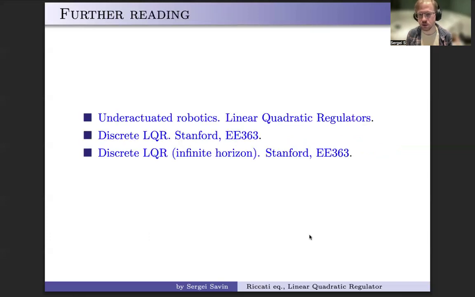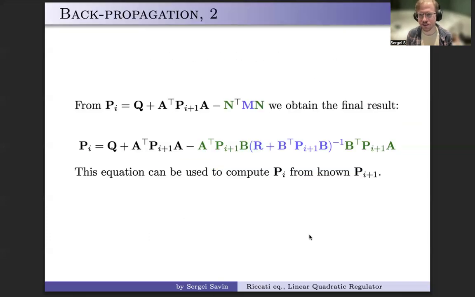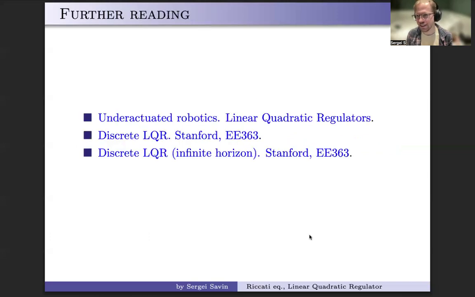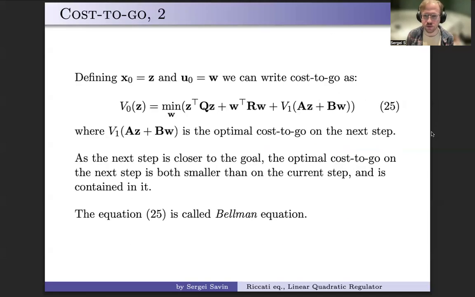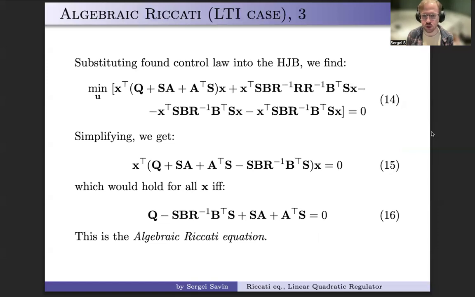We don't have time for anything extra. So try to look through this derivation, try to understand, especially, I would encourage you to understand at least the continuous part. I can almost guarantee that some of you would see it on the exam.